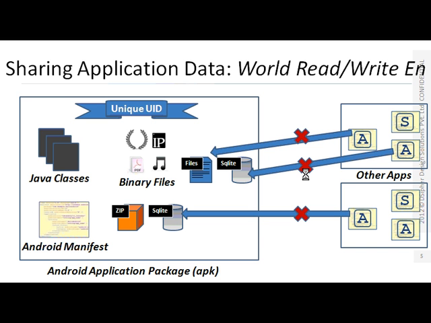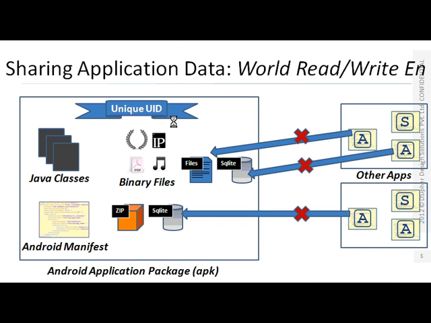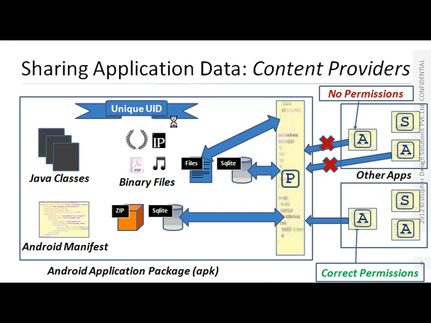You will specify the permissions, and you will specify the path in terms of a URI, and you will specify the name of the permissions. So you need to implement these 3 or 4 things, like permissions and the path of your data, and all other applications must define those permissions.